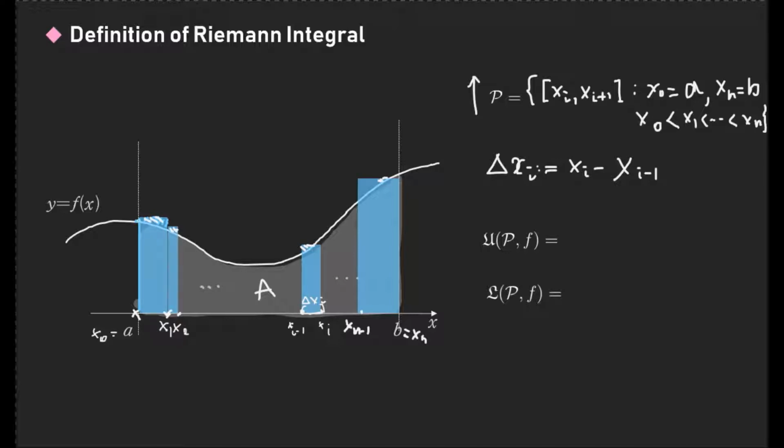We can take the maximum value, or the minimum value, and some others define the height as the average of the minimum and maximum.